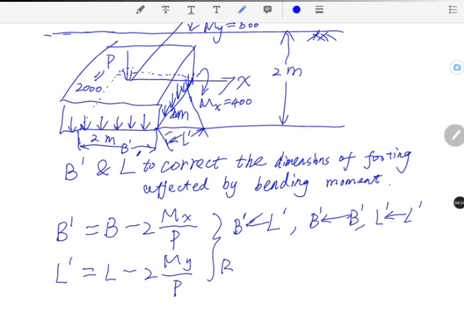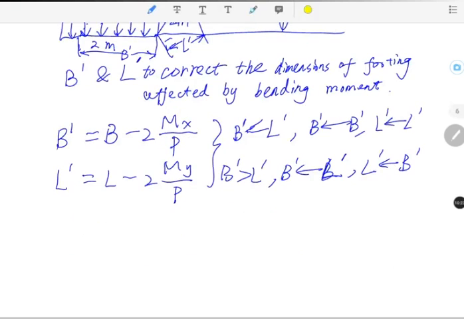Else, if B prime is greater than L prime, then you use B prime as L prime and L prime as B prime. In one word, the width of the footing should be smaller than the length of the footing.